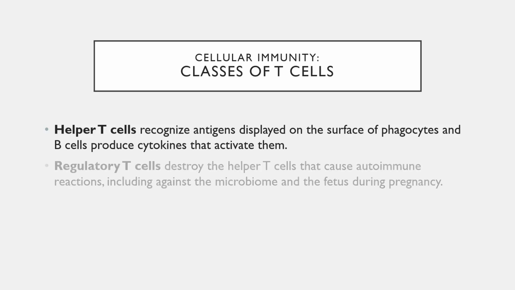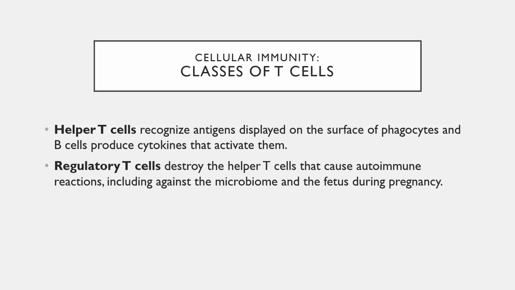Regulatory T cells also play an important role, but one that you might not expect. Regulatory T cells destroy T helper cells that are over-enthusiastic. Helper T cells sometimes are programmed wrong, and they can be too sensitive to antigens and components of the body that they should really not be reacting to, and this can lead to autoimmune reactions.